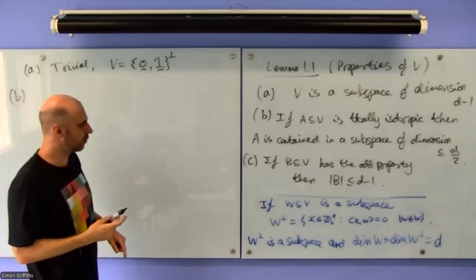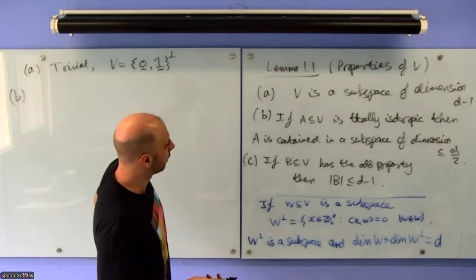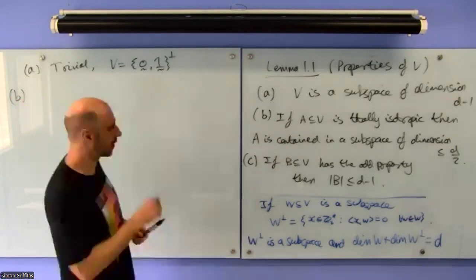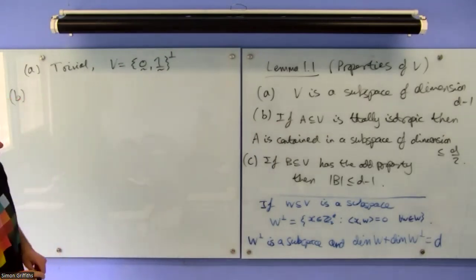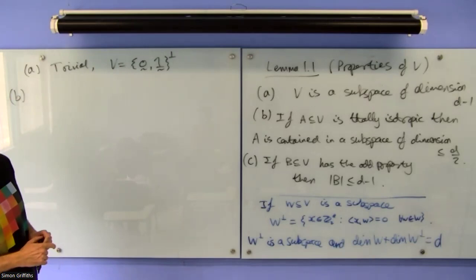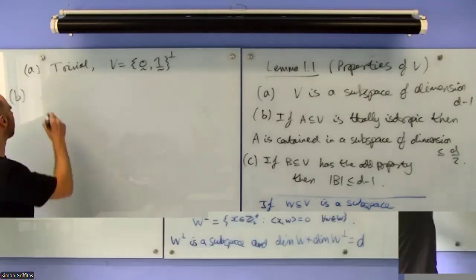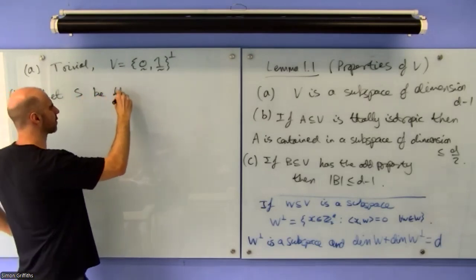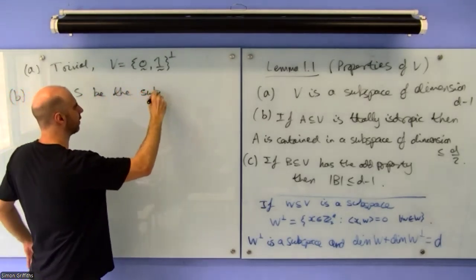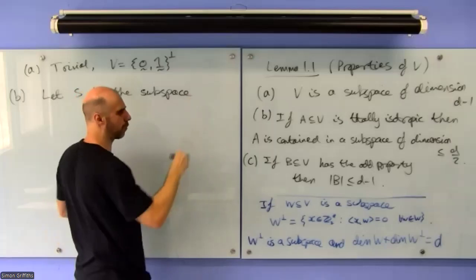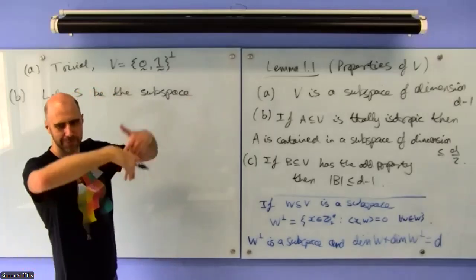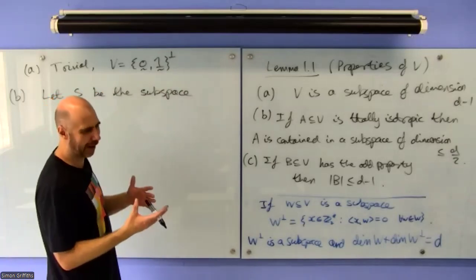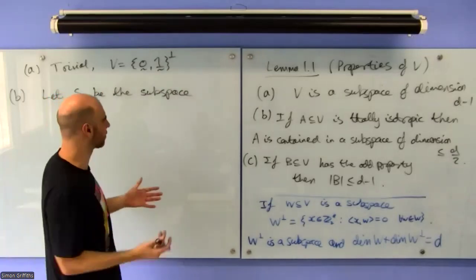So let's go to B. If A is totally isotropic, then A is contained in a subspace of dimension at most D over 2. So you could just say let S be the subspace generated by A. In other words, you take all possible sums of elements of A, repeat as many times as you like, eventually you stop, and when you stop, it has to be a subspace.